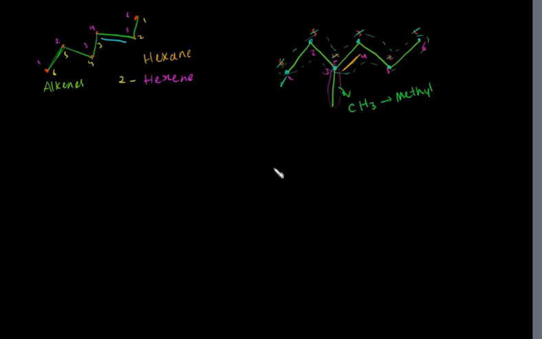Alright, so let's just write the number. So it is in 3-methyl. And now what is left for me is to write the group name of this shape with numbering the position of this double bond.